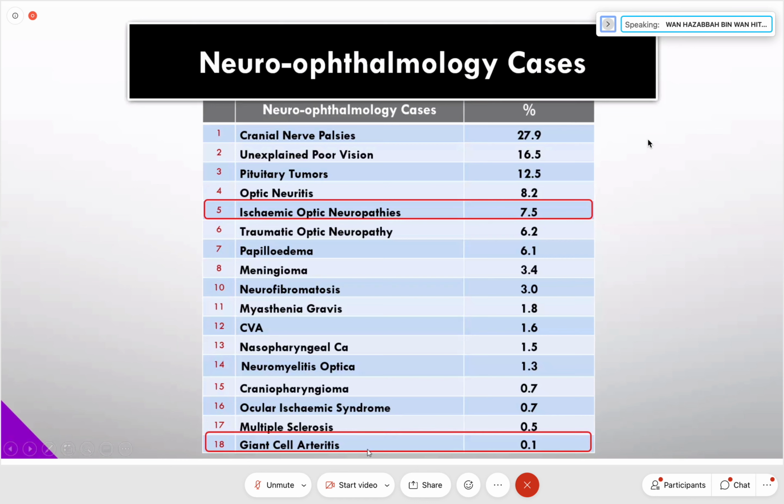So far we don't have many GCA patients. We have one patient who is documented as having the problem. Why I highlighted this? Because this is to remind that this is a rare cause of anterior ischemic optic neuropathy.